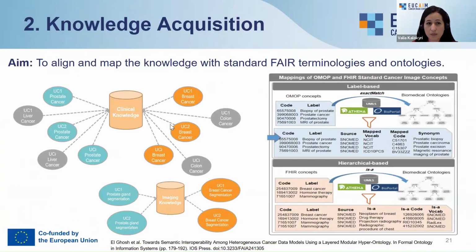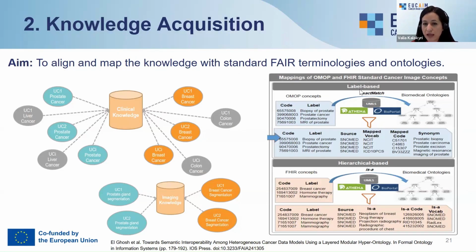Now, the second step was knowledge acquisition. The aim of this step is to align and map all the clinical and imaging knowledge that exists in the repositories with standard FAIR terminological and ontological resources. For doing that, we applied two kinds of mappings. The first are the label-based ones, and the second are the hierarchical-based ones.